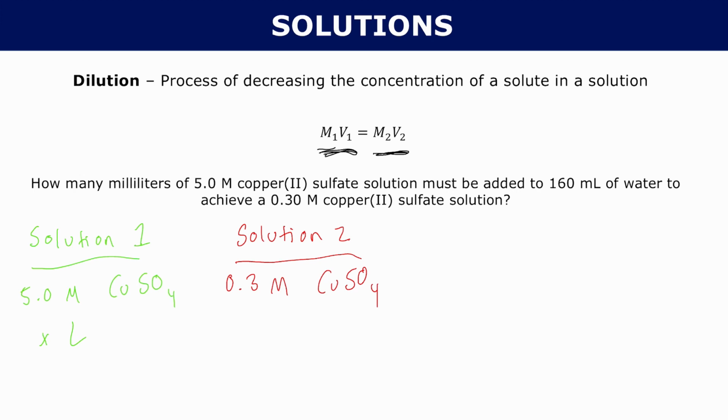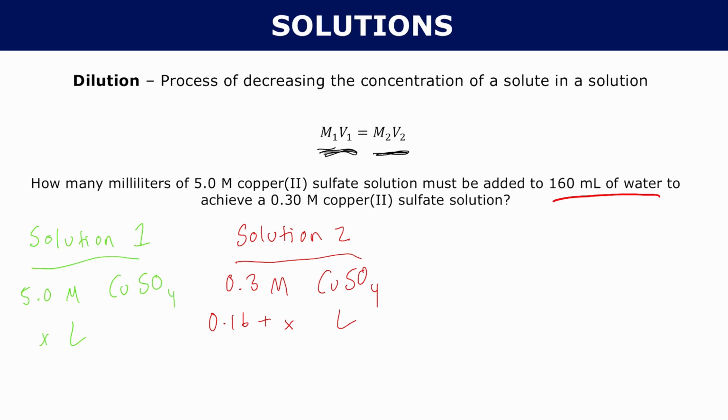We're told that we have 160 mL of water, but however many milliliters of 5 molar copper sulfate solution we add, we must add to that volume. So the volume actually comes out to 0.16 plus X liters. Again, this is coming from the fact that we're adding 160 mL of water to solution 1. So the volumes are additive. You have to add them up.